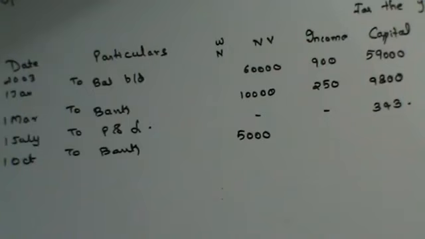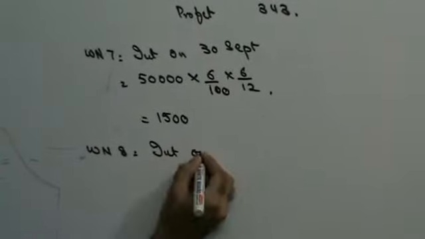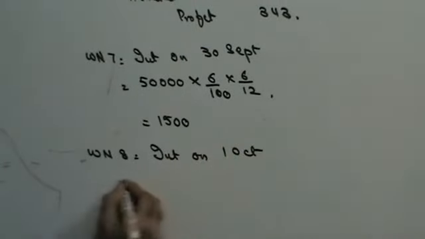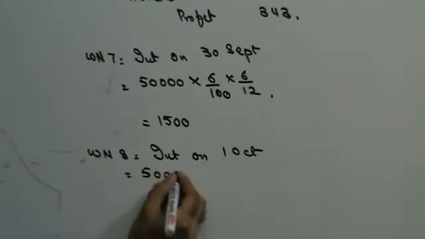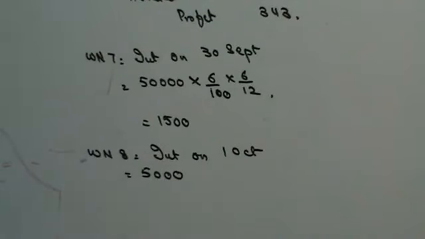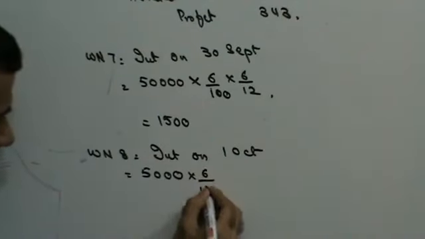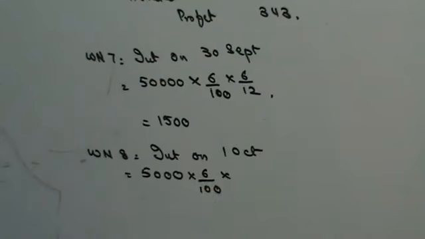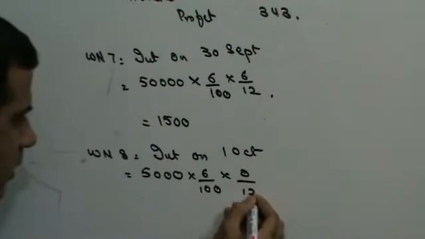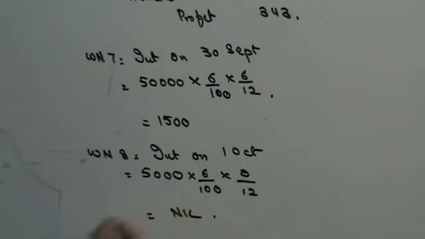Now, working note 8. Interest on 1st October. 50 units of 100 each means 5,000. 6% is the interest, and 1st October. You just paid the interest on 30th September. 30th September and 1st October, 0 months. So the interest is going to be nil.